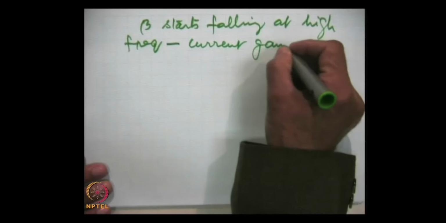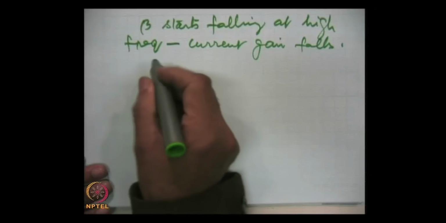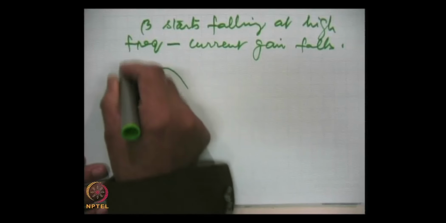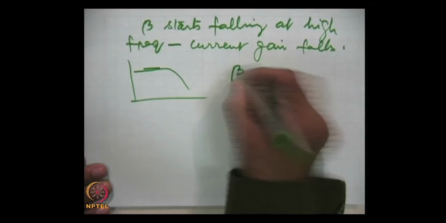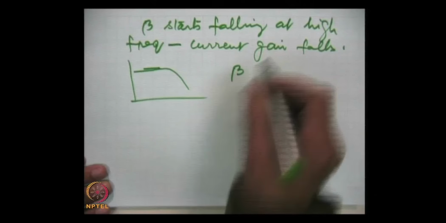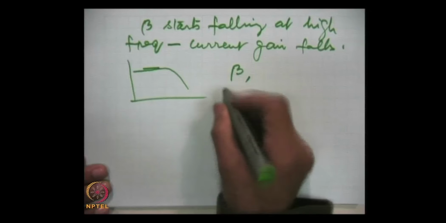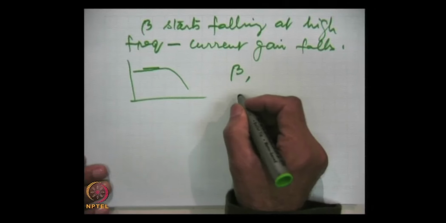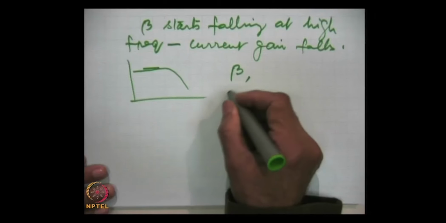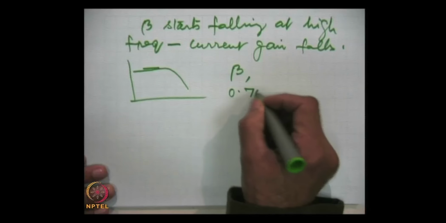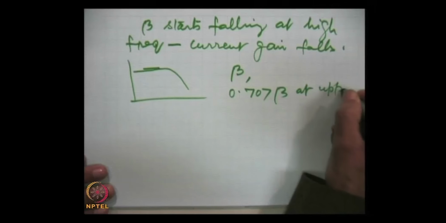If at midband the gain is beta, then you remember that at cutoff frequency it has to be 70.7 percent of this, that means 0.707 beta at upper cutoff.